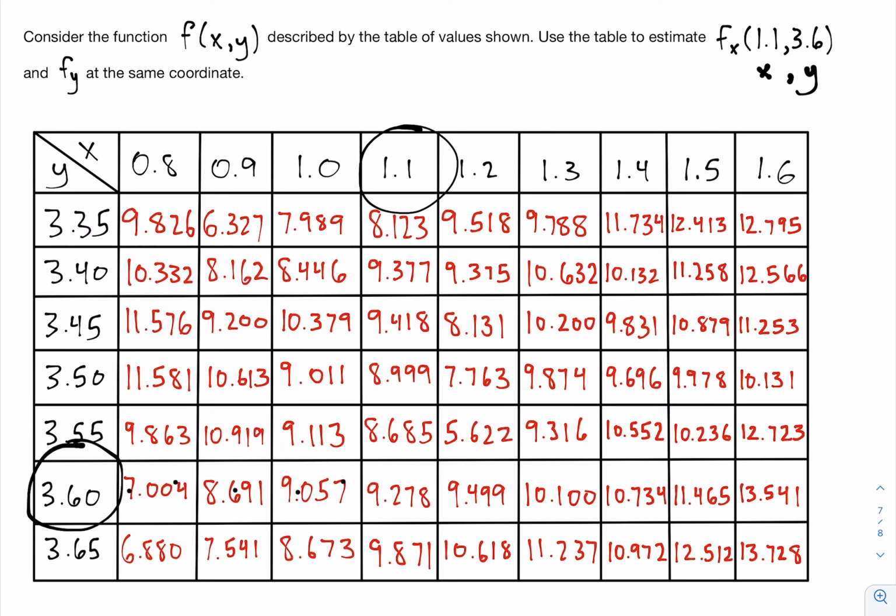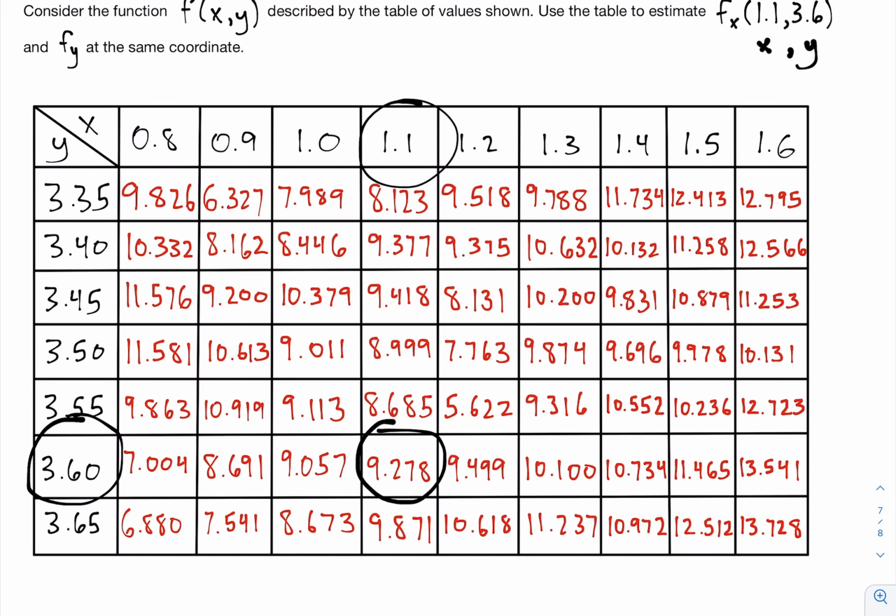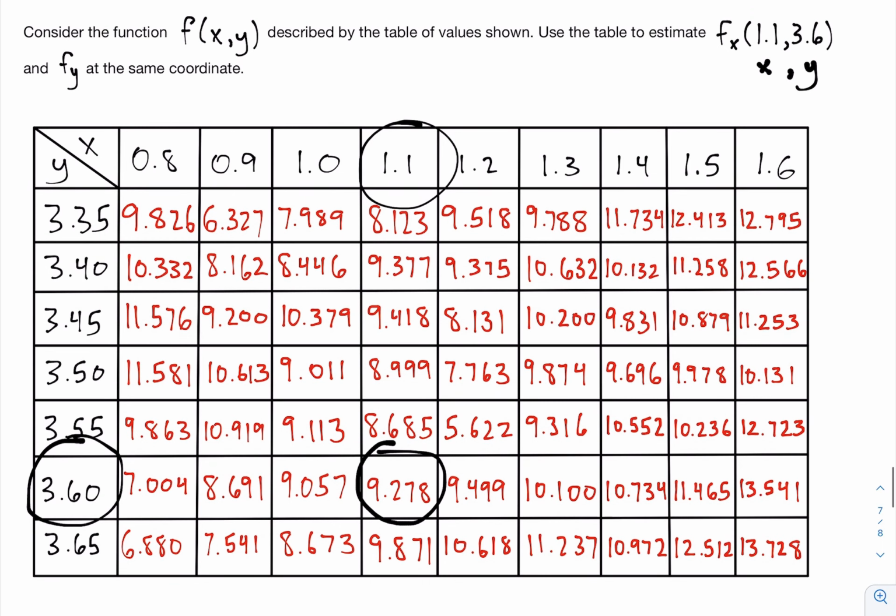So we're going to go across and see where those 2 points meet, and that's going to be right here. So this is kind of our point of interest, 9.278. And we're trying to find the rate at which the function is changing.